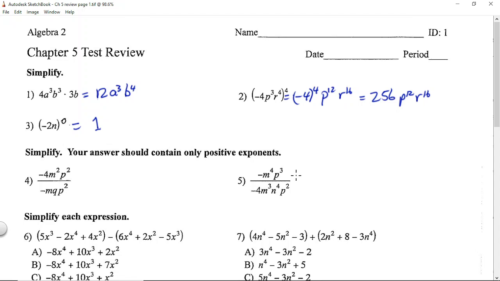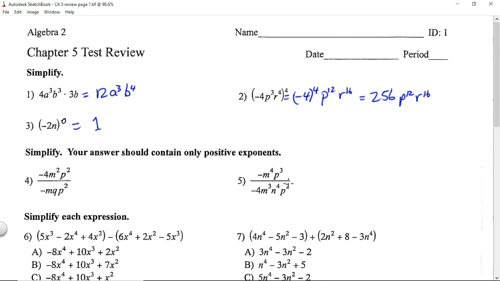Well, we look for the like bases and we subtract when we're doing division. Numbers, you just divide. Okay, so the numerator has a negative sign, the denominator has a negative sign, so that just cancels. Negative divided by negative is positive, so the negative signs will go away.